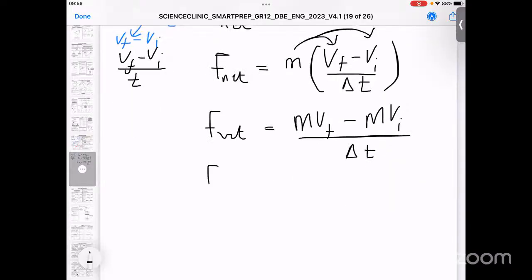And when you look at this nicely, you will actually realize that the numerator now, wait, I'm glad that I'm actually tracking if my screen is sharing.